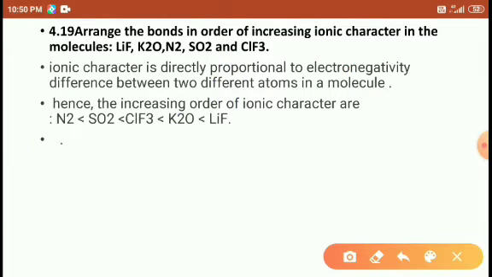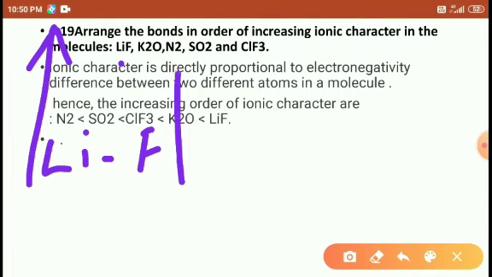Similarly, nitrogen is homoatomic, so there is no electronegativity difference. Sulfur and oxygen, okay, first I am using the first one. Lithium and fluorine. Lithium is a metal, fluorine is a non-metal. Lithium is highly electropositive, fluorine is highly electronegative.